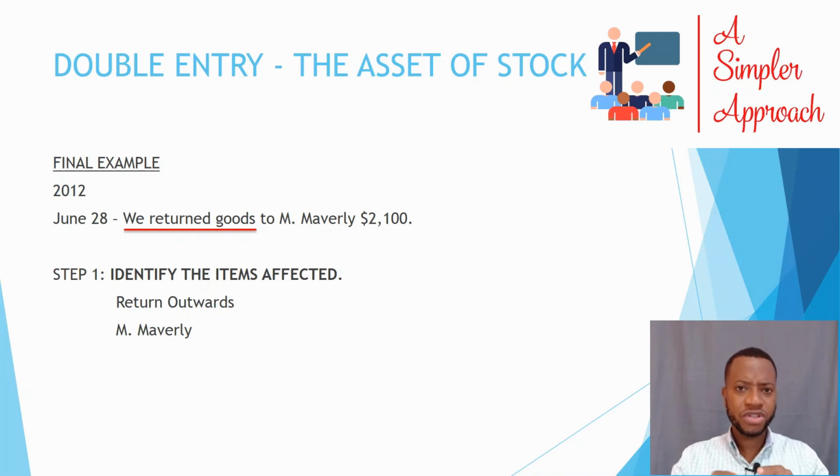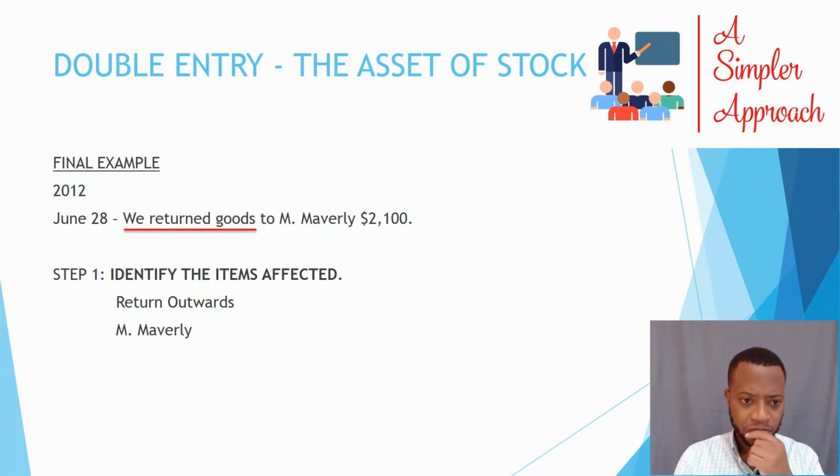We returned goods, out. So we can literally use the transaction to tell us the direction of the goods. Okay? And where returns are concerned, if it's going out, it will say we returned goods. And if it's coming in, X or Y returned goods to us.